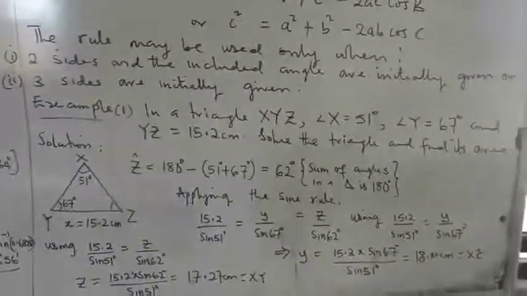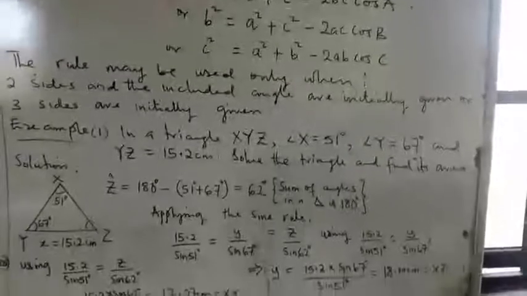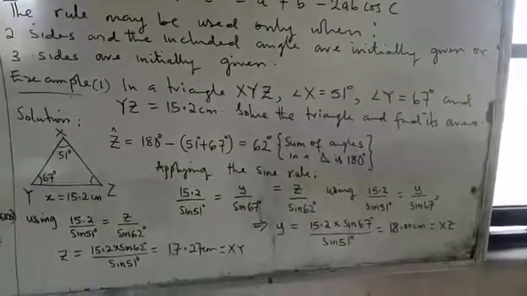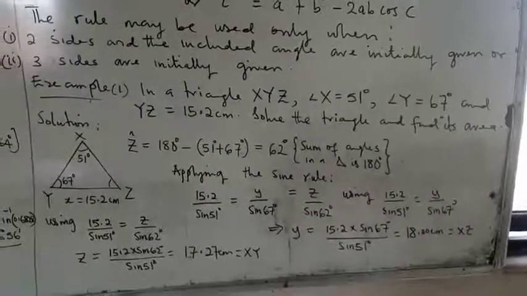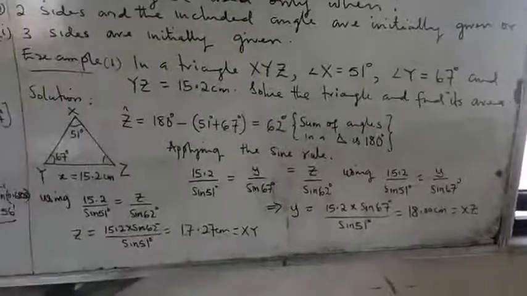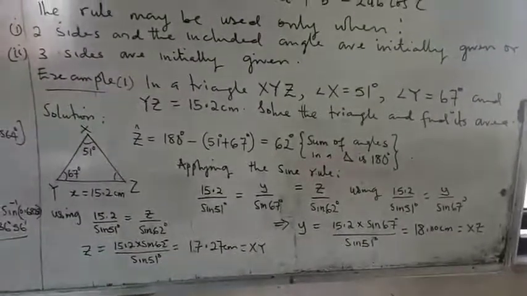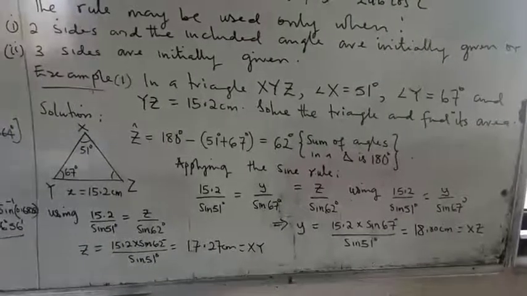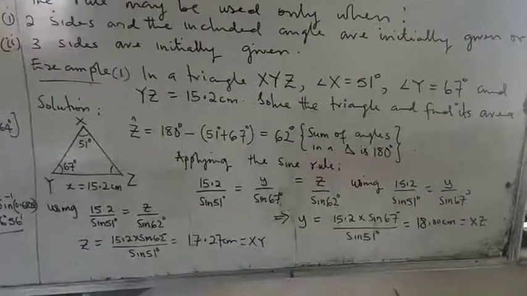Example 1. In a triangle XYZ, angle X is 51 degrees, angle Y is 67 degrees, and the side YZ is given as 15.2 centimeters. Solve the triangle and find its area. Solution. In the diagram, we have angle Y to be 67, angle X to be 51, and side YZ, which is small x, to be 15.2 centimeters.